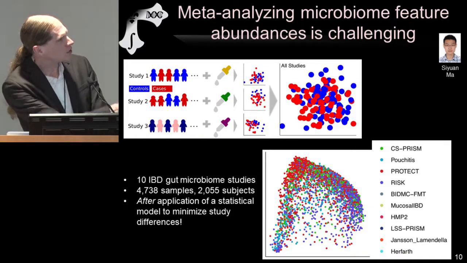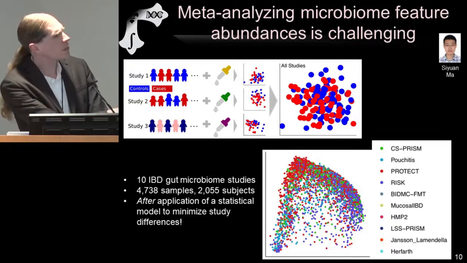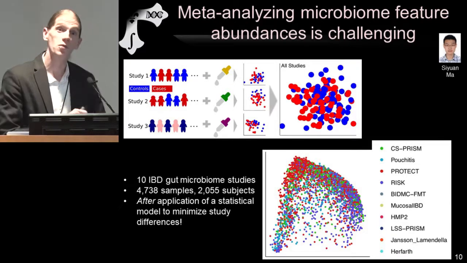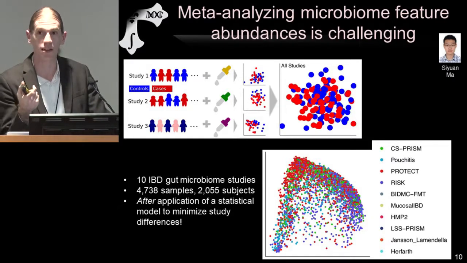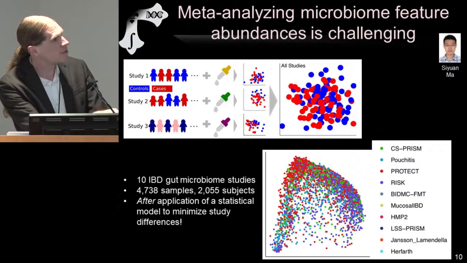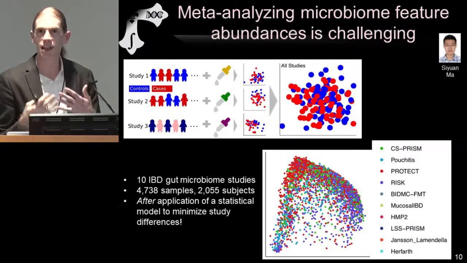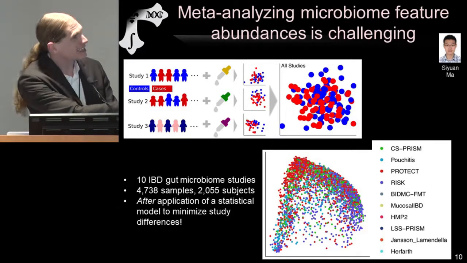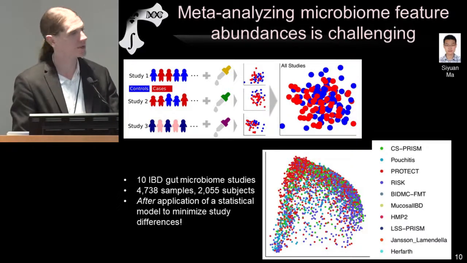So biological sources of variability between study populations or technical sources of variability might not mask the effects of a microbiome perturbation of interest within the study, if that perturbation is still, as we saw earlier, the largest source of biological variability. But it can make it very difficult to combine those studies. If you essentially just overlay them blindly, you get a mush rather than consistently meta-analyzing out the technical effects while keeping in the biological effects.